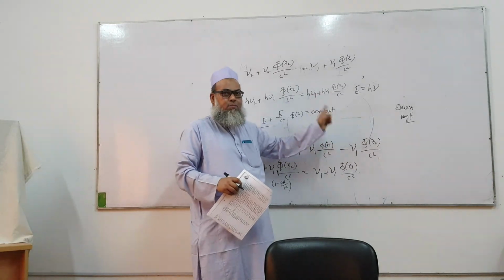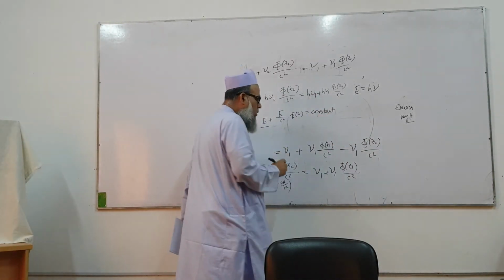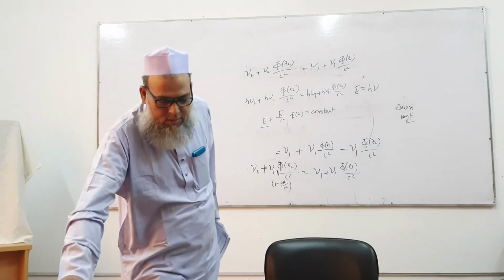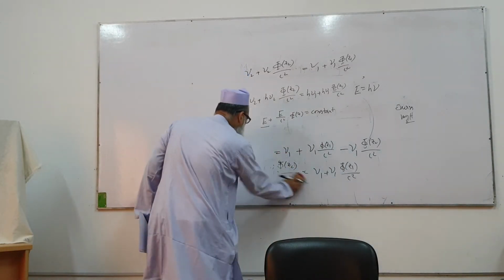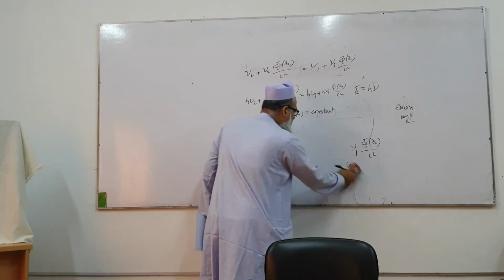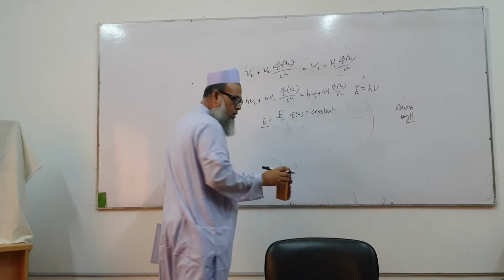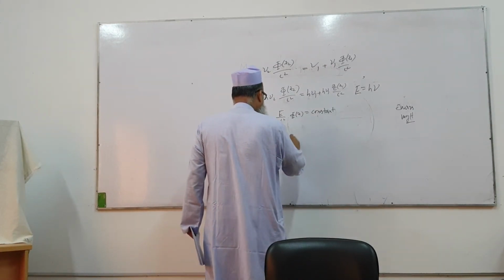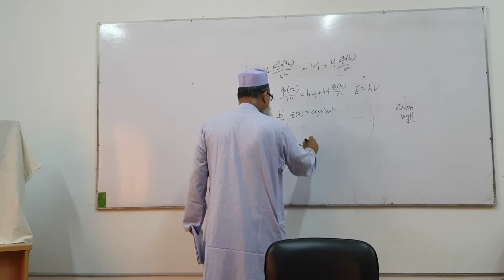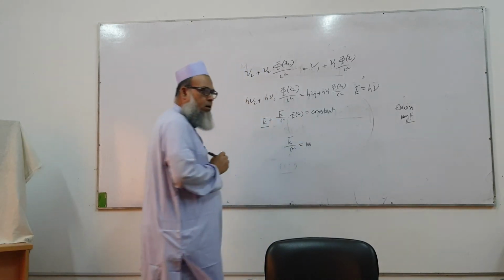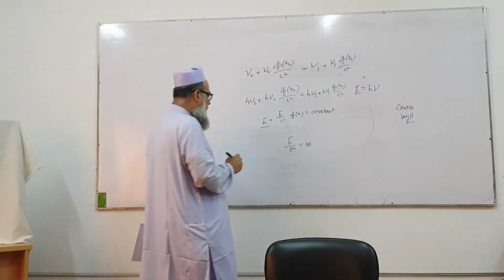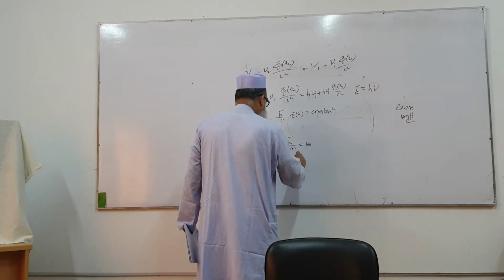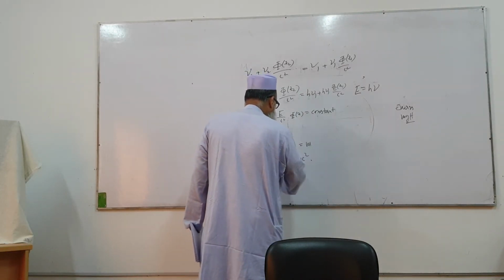What remains? Mass, M. So we can write E by c square plus M, or E equals M c square.